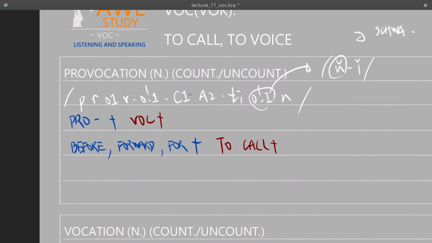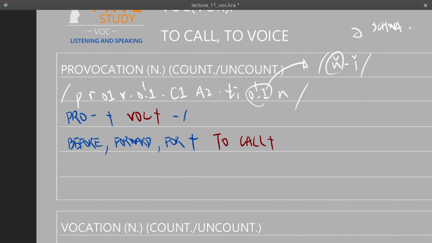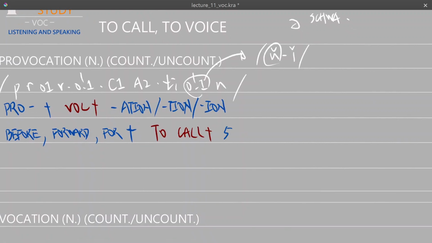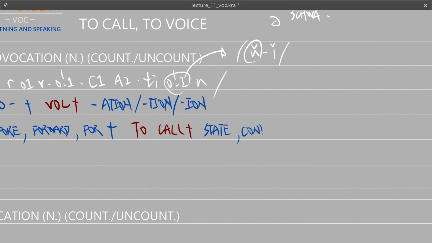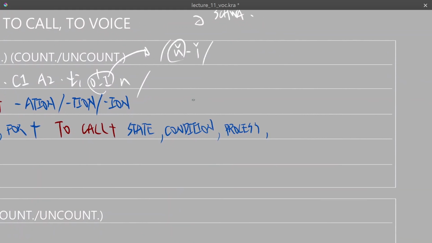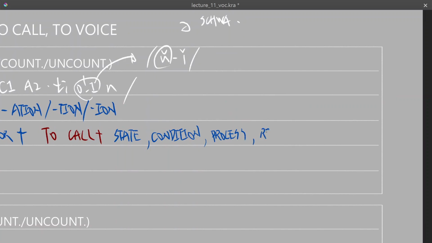And lastly, we have the noun suffix ation, or its variants tion or ion, meaning state, condition, process, or result.